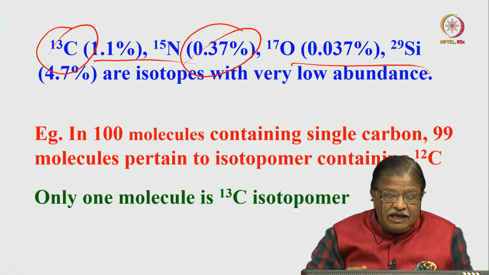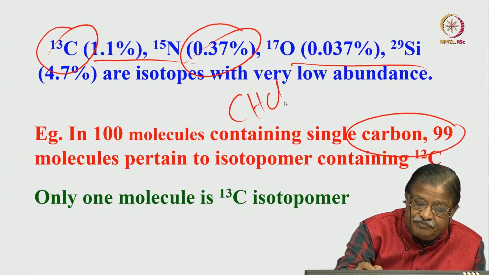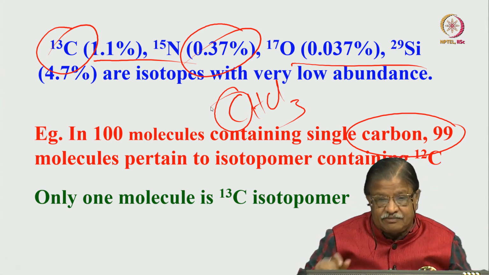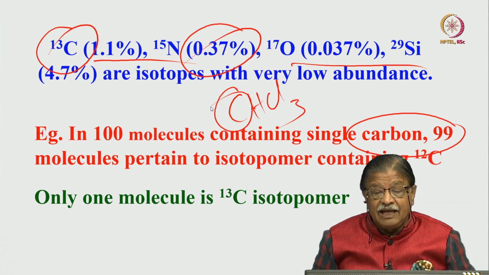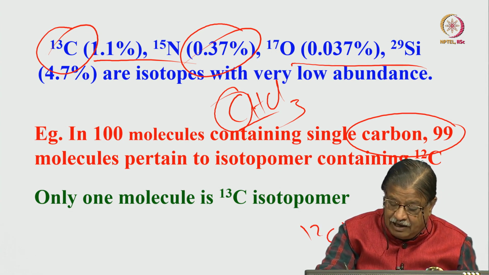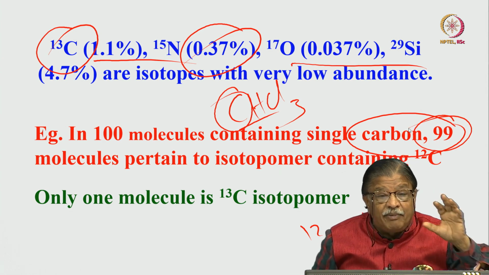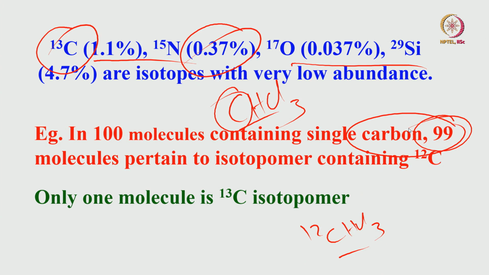What does it mean? If I take an example of a molecule containing only one carbon, for example CHCl3, only one carbon is there in this molecule. Let us say I have 100 molecules in a sample, in a bottle. Then the possibility of this CHCl3 having carbon 12 as the isotope is 99, because that abundance is more. 99 molecules will have carbon in the carbon 12 state, whereas only one molecule will have carbon in the carbon 13 state.